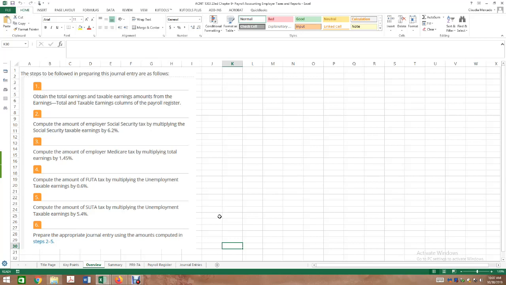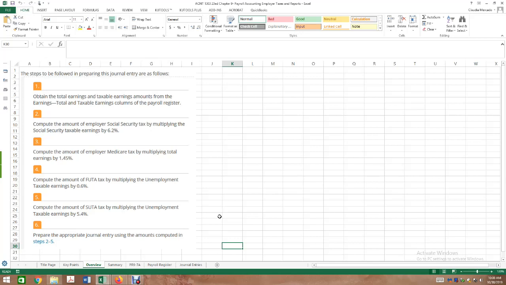Step 2 says compute the amount of employer's Social Security tax by multiplying by the Social Security taxable earnings, because there is a cap. Let me see what the textbook is using as the cap. These caps do change every year, but I do want to go based off the information that is provided. Okay, and I found it.